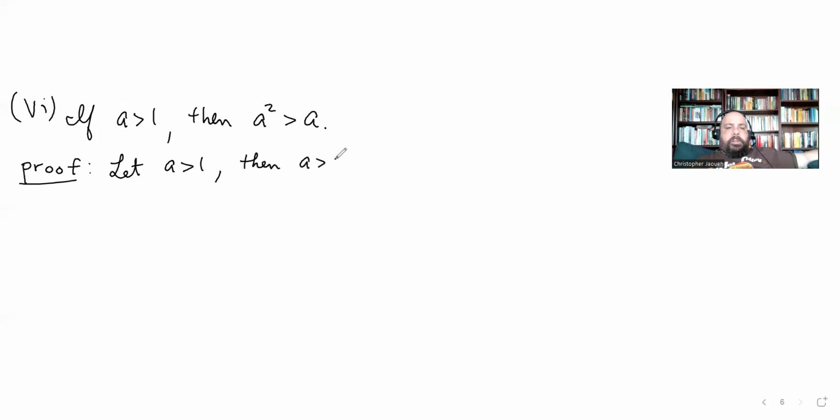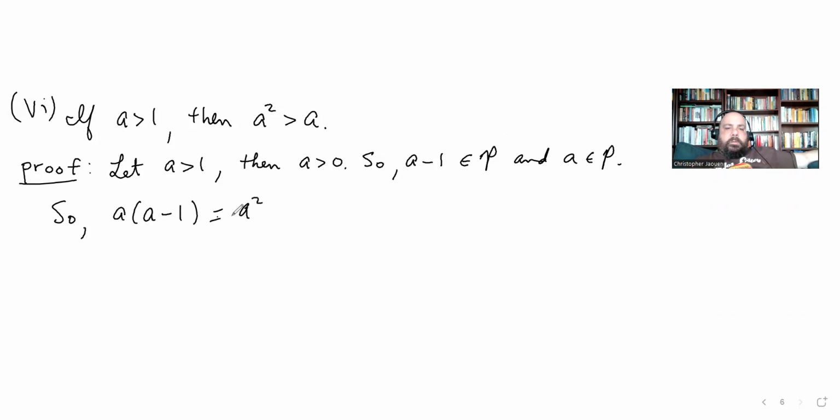And that means that A is greater than 0 since 1 is greater than 0. So A minus 1 is positive, and A is positive. So A times A minus 1, which is A squared minus A, is positive, which implies A squared greater than A.